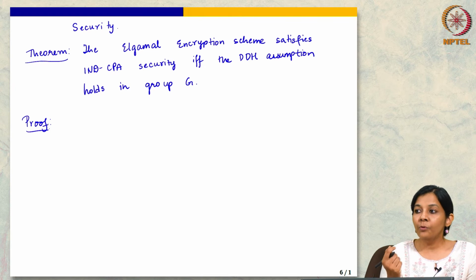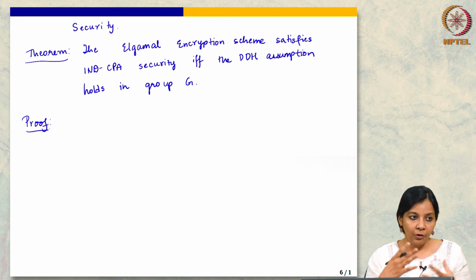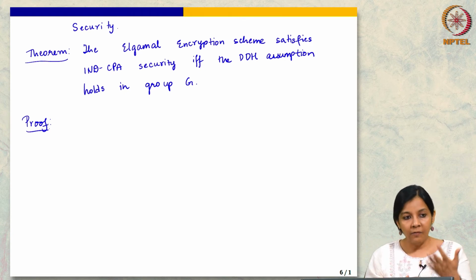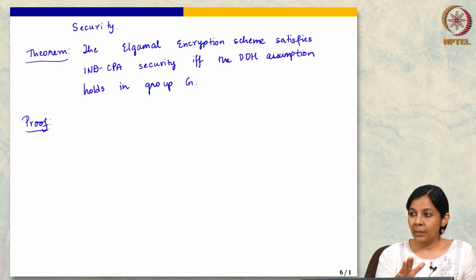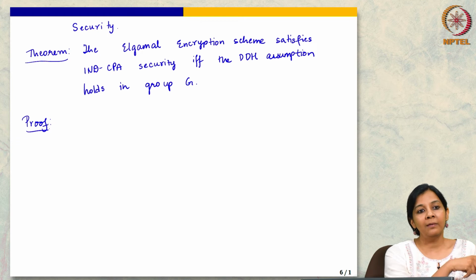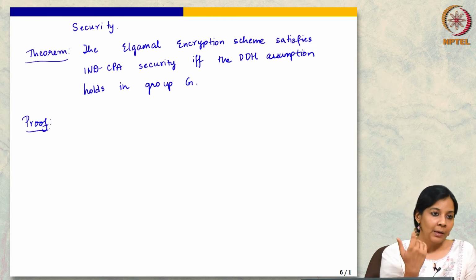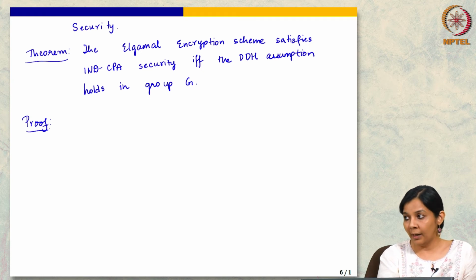So I want to take an instance of the DDH problem and fit it into this encryption scheme, and claim that if the attacker guesses the bit correctly, then I can also decide whether the DDH tuple is real or random. Real means G to the AB, random means G to the C. This is what I would like to do.